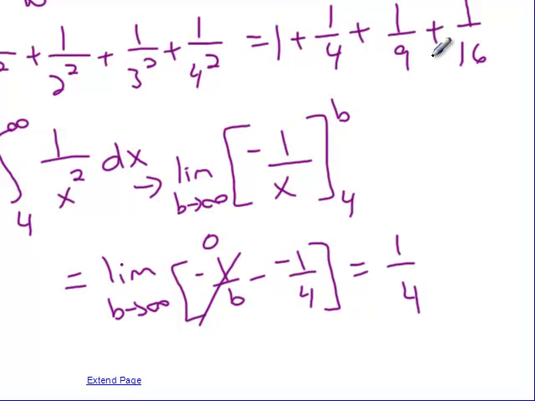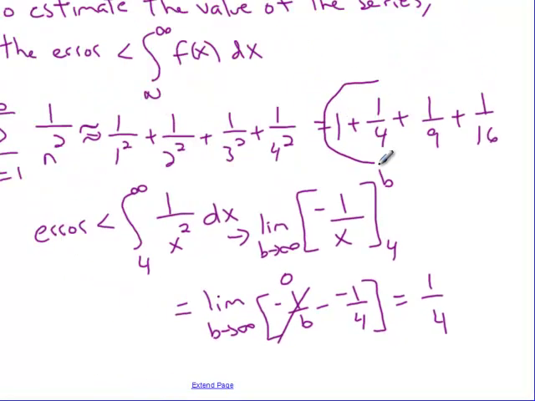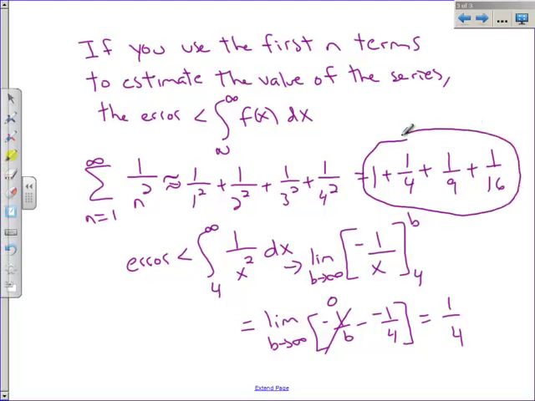But what that means is this summation, whatever that works out to be, is close to the actual value.